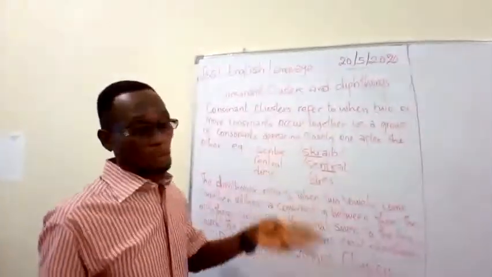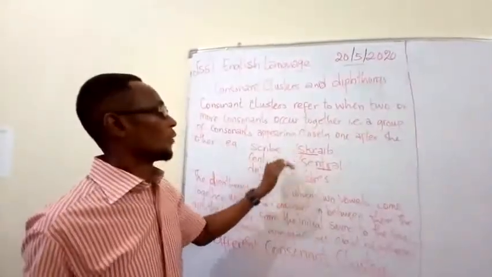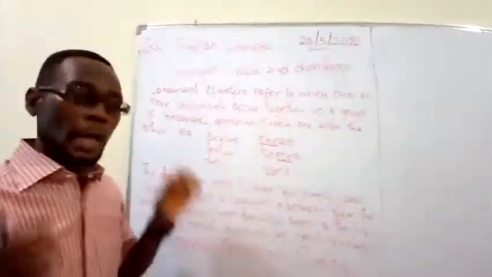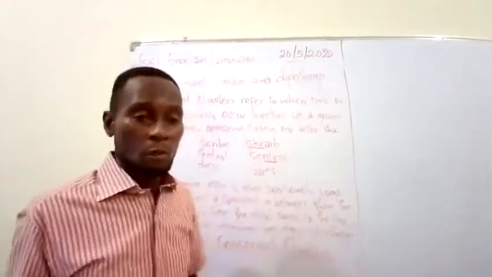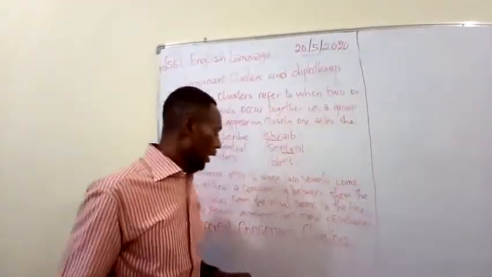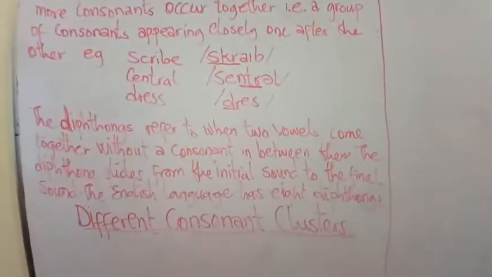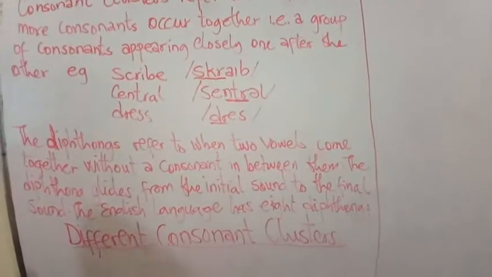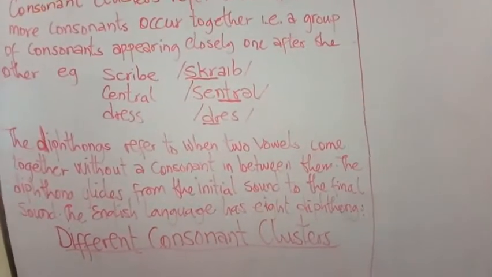We have 2, we have 3, we have 4. But today we're going to restrict ourselves to 2 and 3. Then we equally have where the consonants start a word, where they're in the middle of a word, and where they end a word. So let us just look at these different consonant clusters.